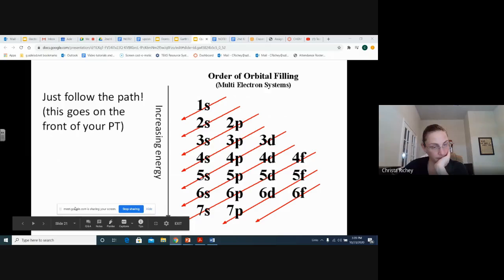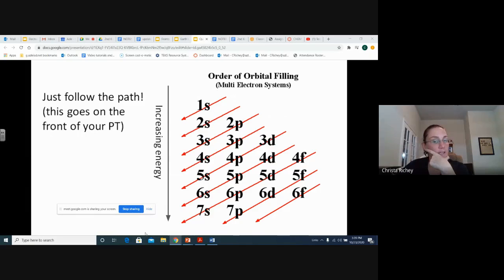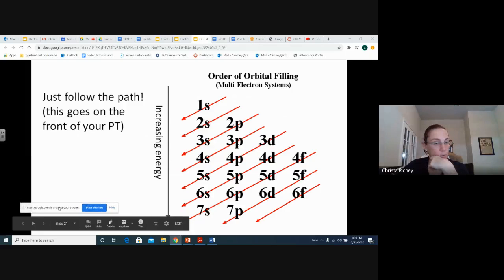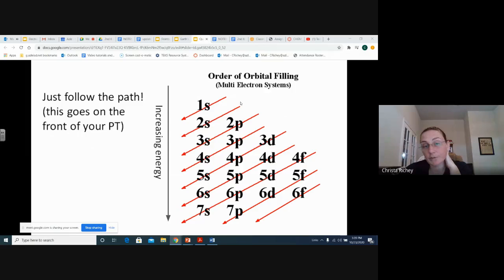Move this out of the way. Okay, so you should have had this added to your Canvas page. This is almost like following the yellow brick road, but it's red. It's not yellow. So you have to fill the 1s shell first. That's that very first ring on the ladder.